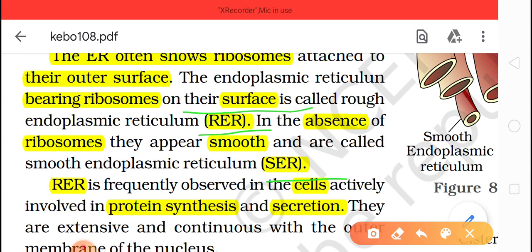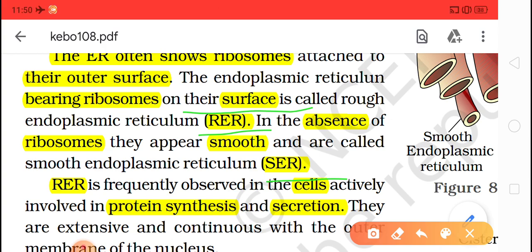Okay, rough endoplasmic reticulum has the ribosomes, but the smooth endoplasmic reticulum does not have the ribosomes, that's why they appear smooth. Okay, so clear?